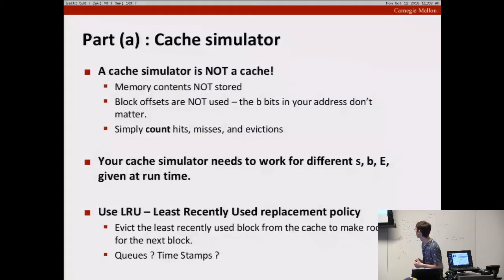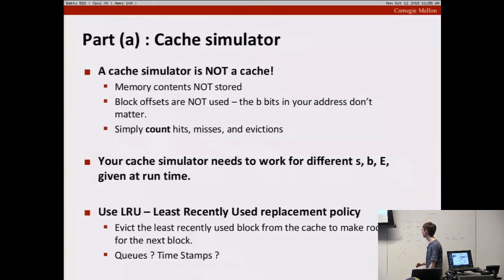An important thing to note, because some people are confused about this sometimes, is that you're not actually writing a cache. You're not actually storing any of this memory. You're just simulating the behavior: how many hits and misses would you get? What would be the patterns if you actually had this cache?